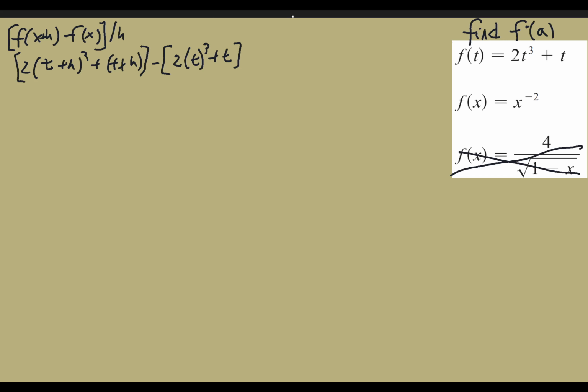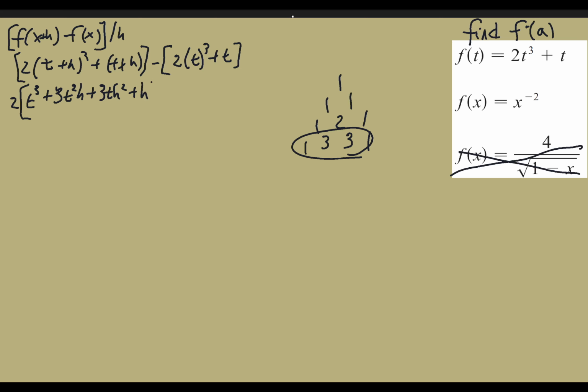Even then, so how does this distribute? Well, we get 2, and if you remember from Pascal's triangle, row 0, row 1, row 2, row 3, here are our coefficients for an expansion, which means it's going to be 1t cubed plus 3t squared h plus 3th squared plus h cubed, plus t plus h.